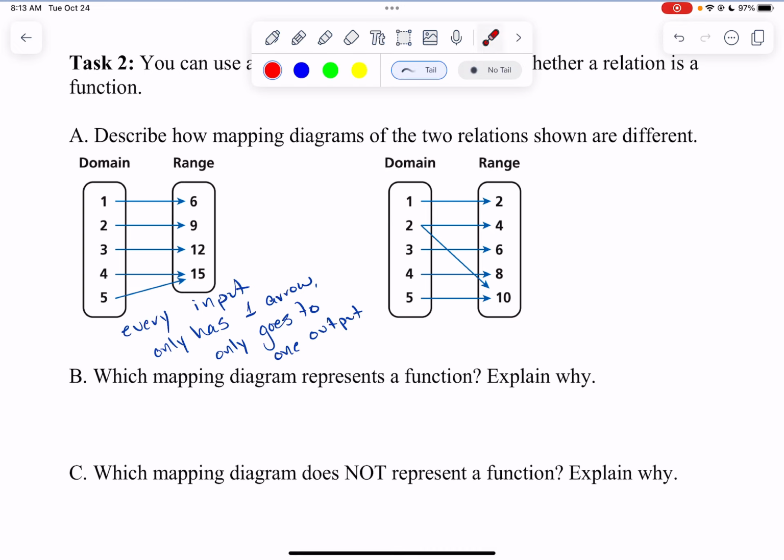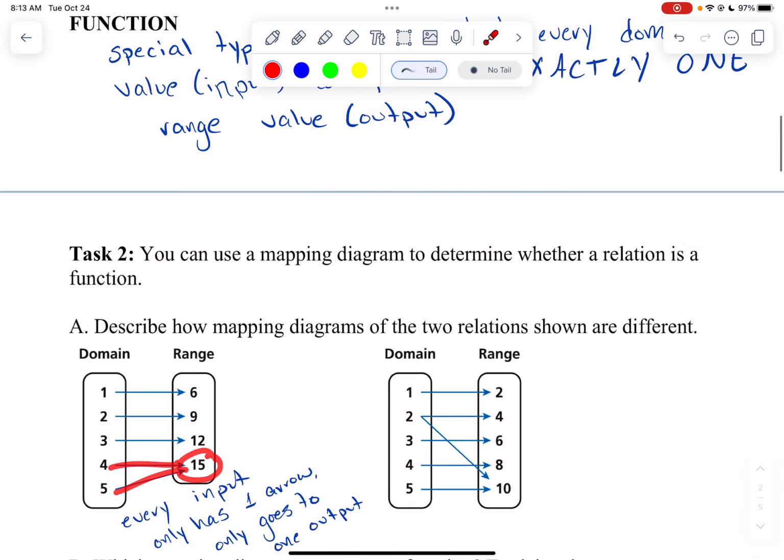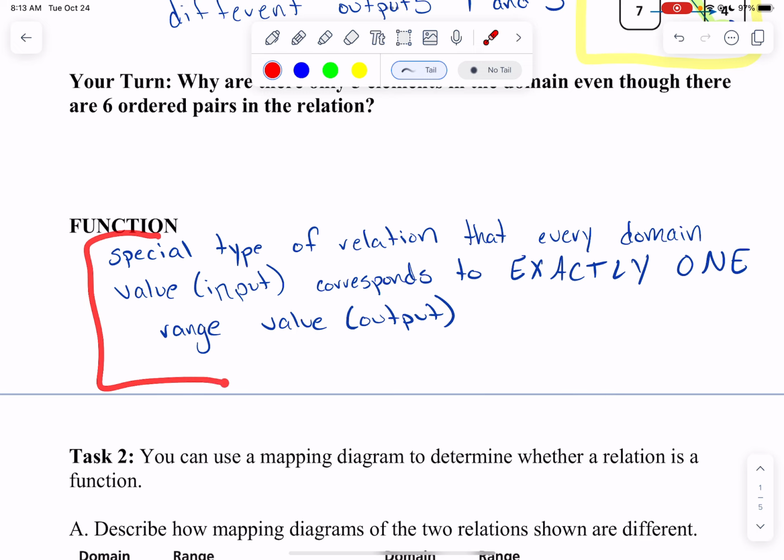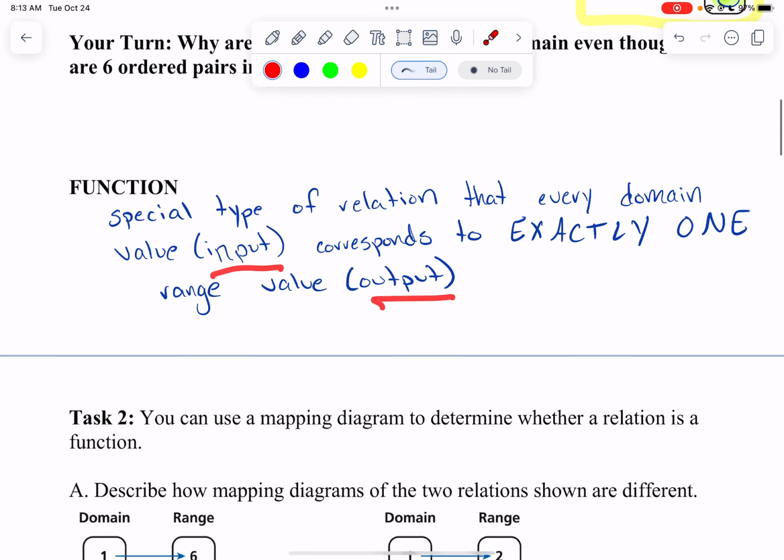Now, I do have an output of 15 that both 4 and 5 go to. That's okay. It doesn't say anything in a function about the output only having to go to one input. Okay, it's every input goes to only one output.